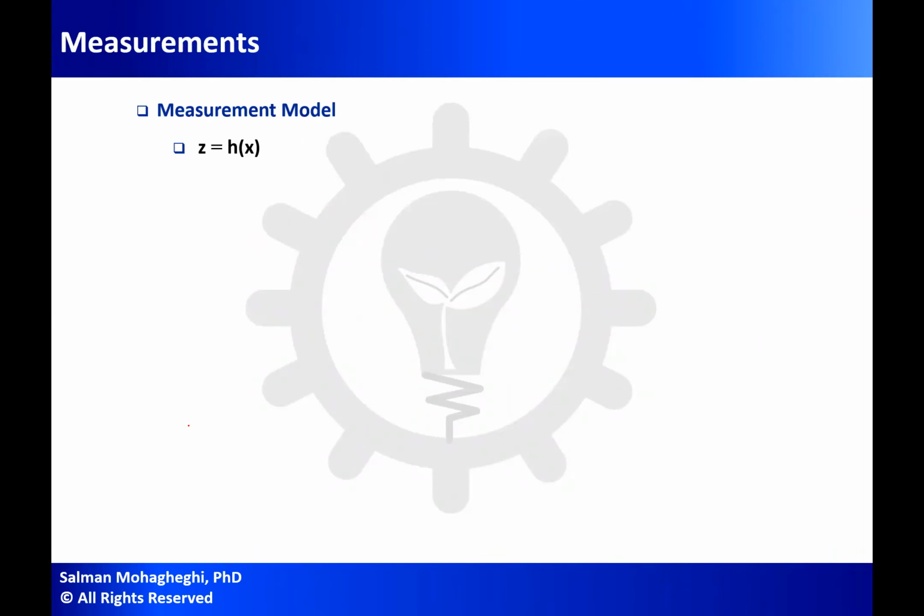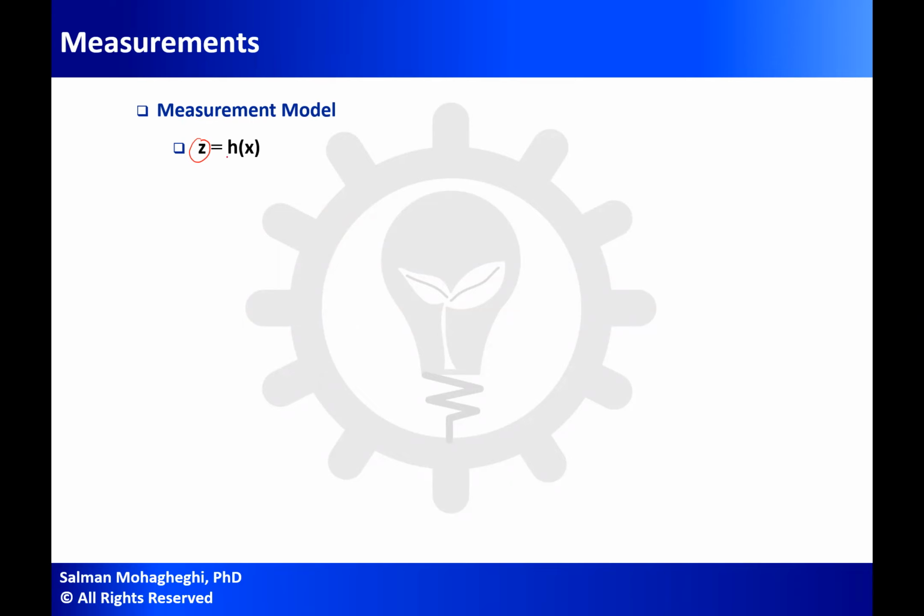The measurement model that I have in the most general sense would be nonlinear. So I would measure some things, which could be, for example, your active power, reactive power, voltage magnitude at a node, current magnitude, voltage phasor, current phasor, all these different things that you can measure.